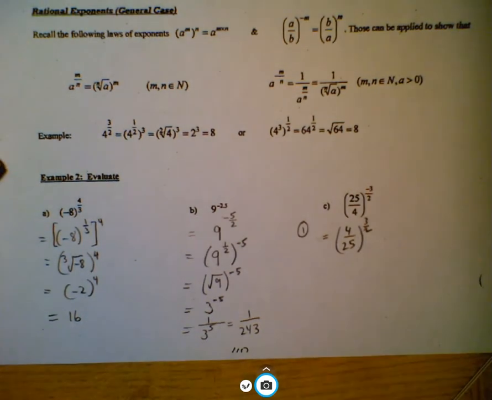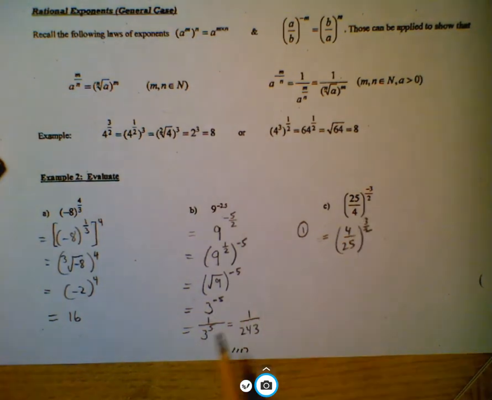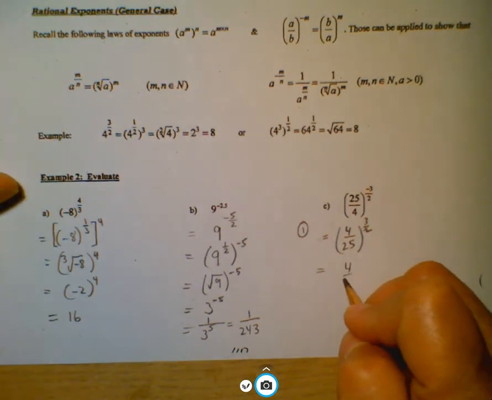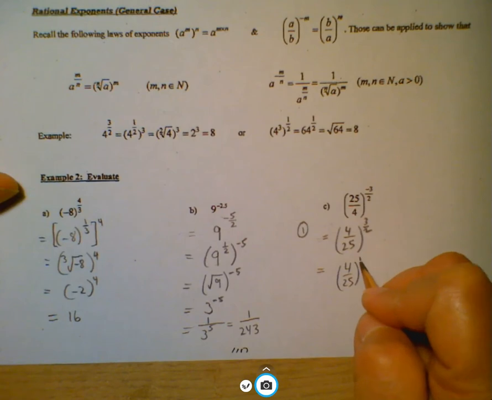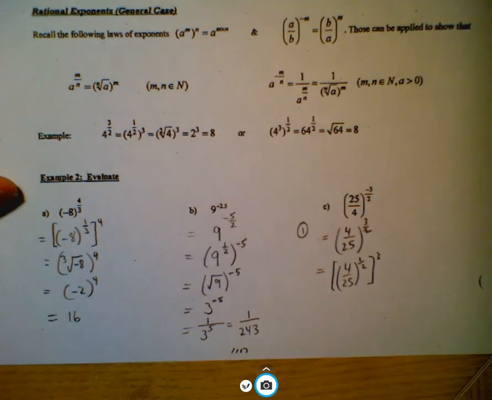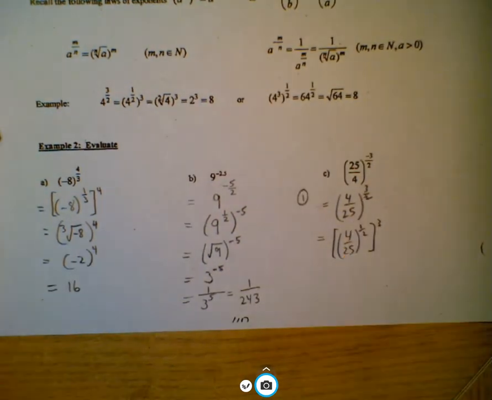Look what I did. I didn't change negative signs or anything. I just said it's the reciprocal of the base to the positive exponent. Now I'm going to split this out. So 4 over 25, I'm going to split it out to the exponent 1/2, and the whole thing is to the exponent 3. Right? Because 1/2 times 3 gives me my 3 over 2.